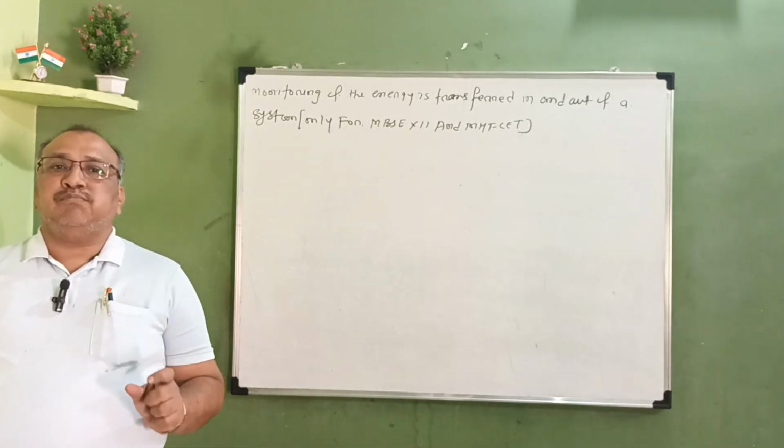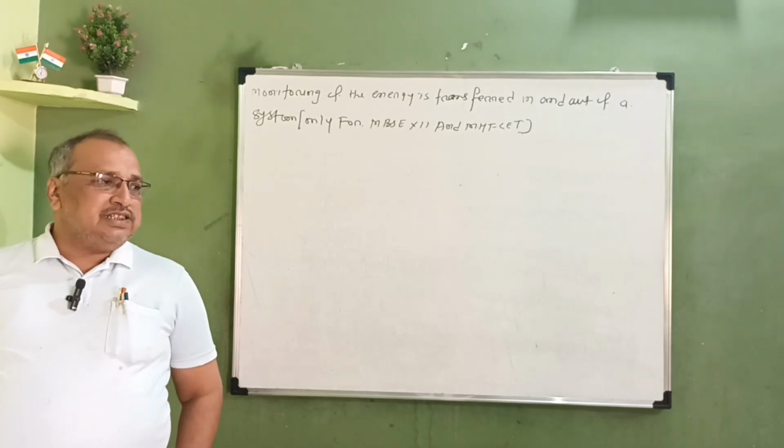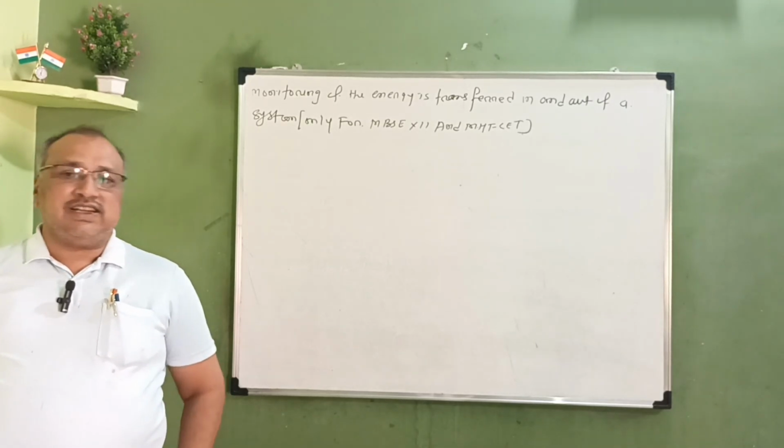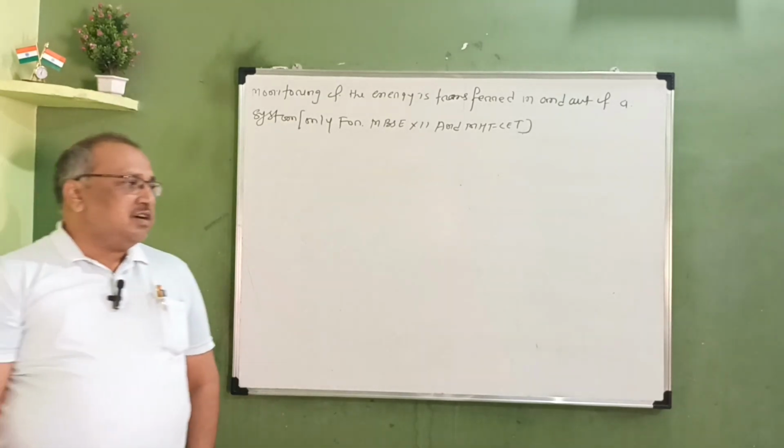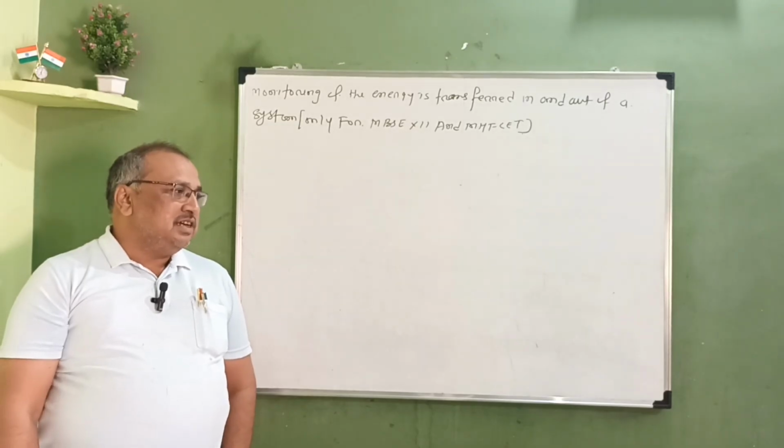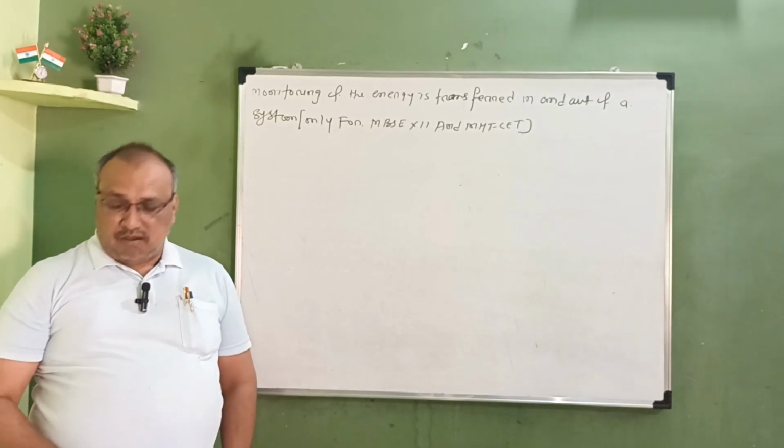The two important forms in which energy appears is heat and work. Now, heat is the random form of energy and work is the organized form of energy.